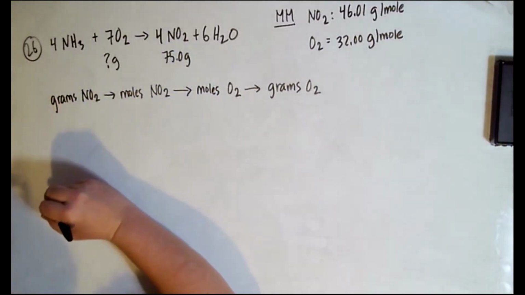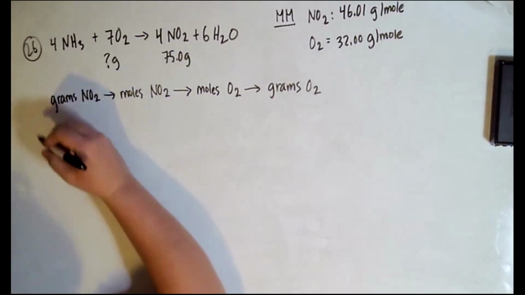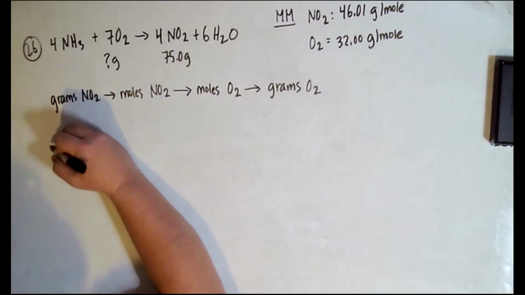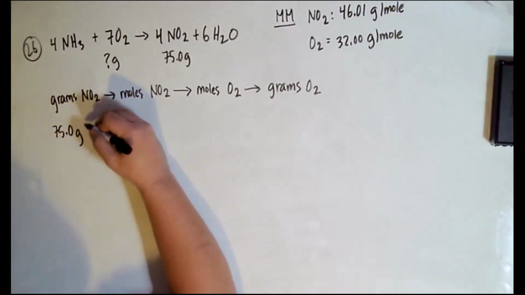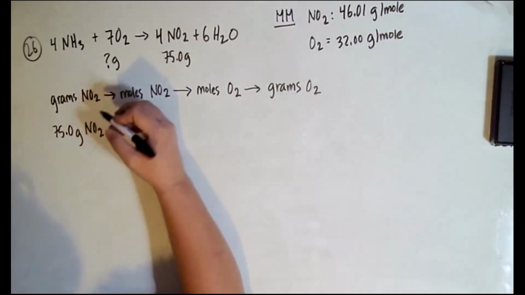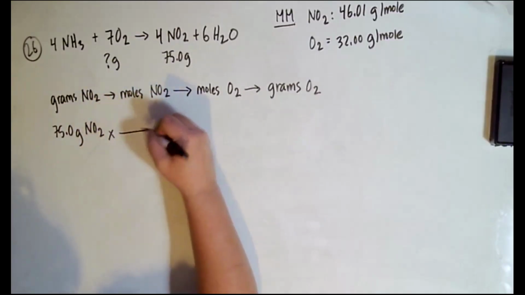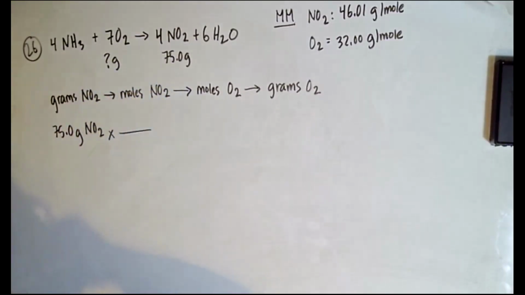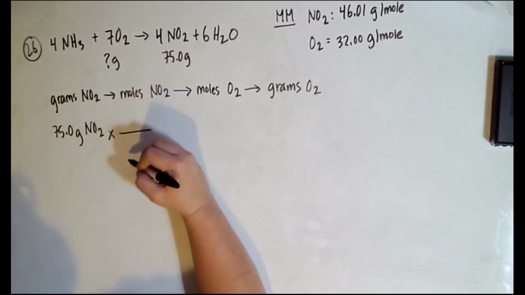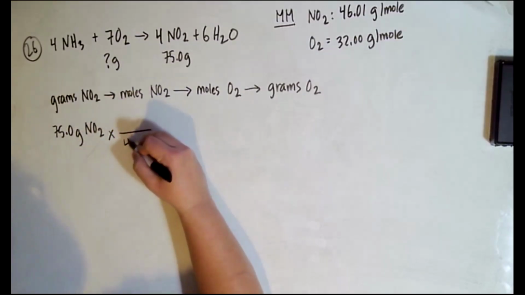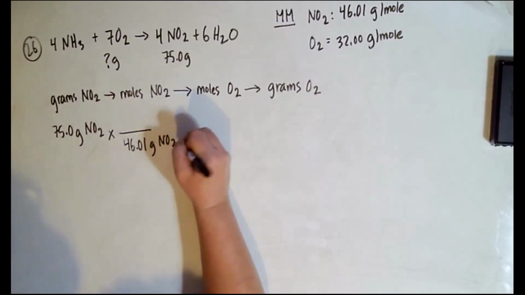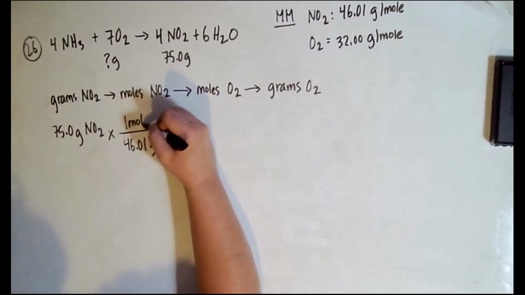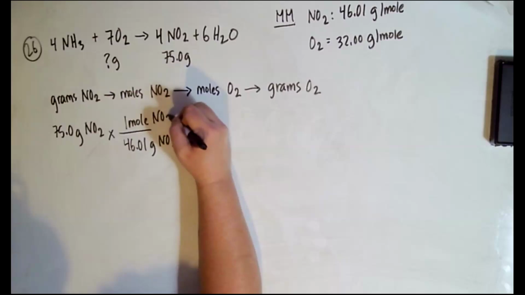All right, so I've got 75 grams of NO2. Then my first step is going to use the molar mass, which says I have 46.01 grams of NO2 in every 1 mole of NO2.